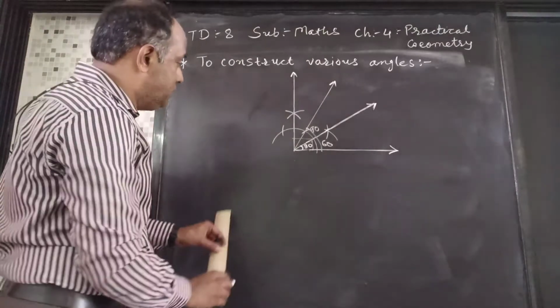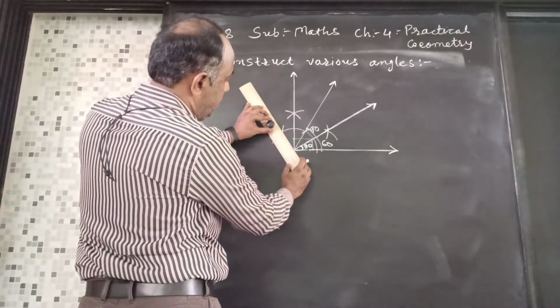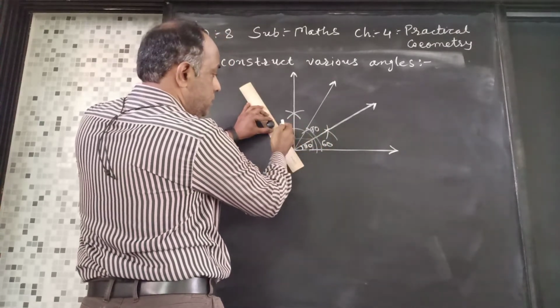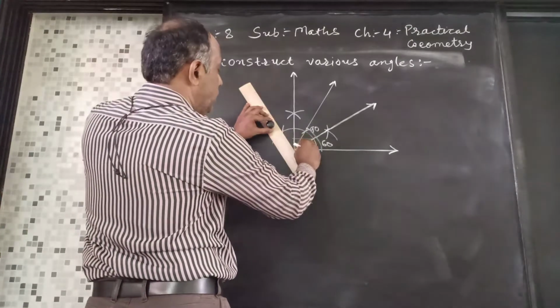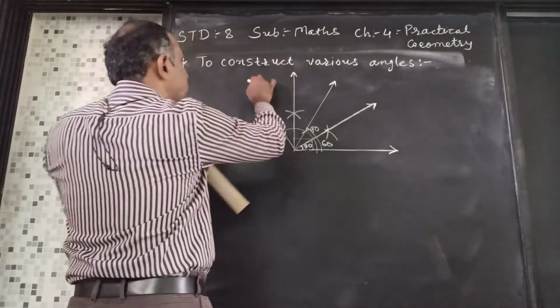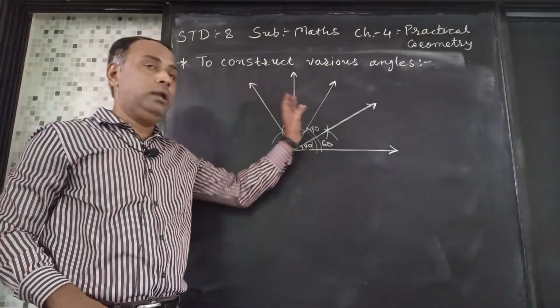Okay, and as we have already created this arc at 60 and then this 120. So one more thing to know, will we be able to construct any angle between 120 and 90?